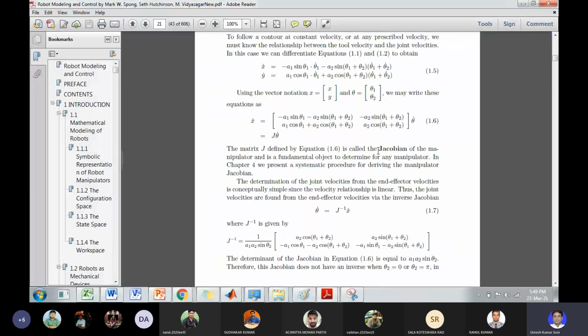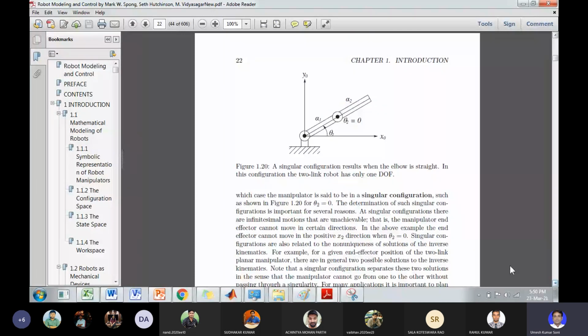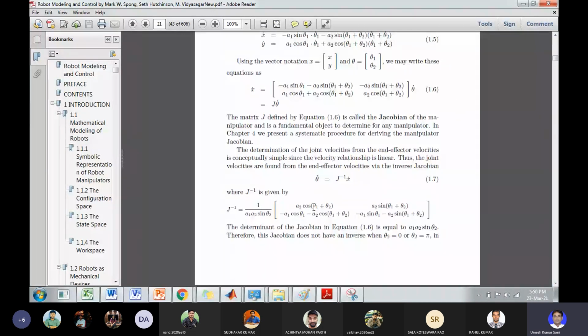So you can also refer to this. Here you can see minus a1 sin theta 1 minus a2 sin(theta 1 plus theta 2), and this is the Jacobian. Okay, similarly you can take the J inverse of this equation 1.7. You calculate the J inverse, and when you have theta 1 dot and theta 2 dot known, you can determine the tool velocity in terms of theta 1 and theta 2, because you have already put the values of theta 1 dot and theta 2 dot.